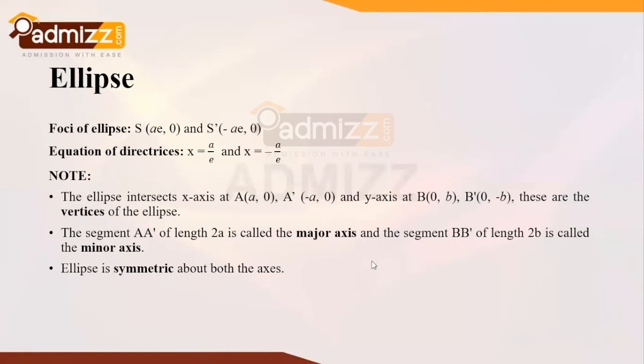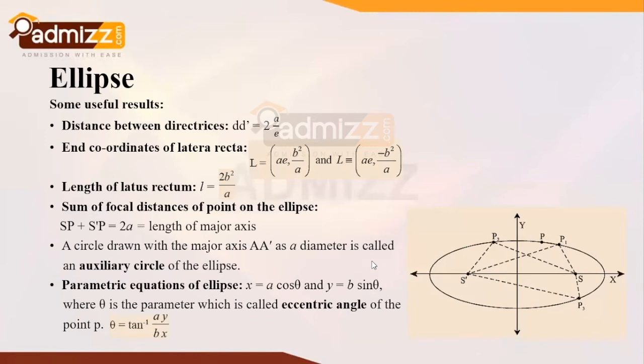Now, some useful results which we deal with in the ellipse concept: the distance between directrices is given by 2a by e. Then the coordinates of latera recta. Since we have two directrices, we also have two latus rectum, and this is generally pronounced in plural form as latera recta.